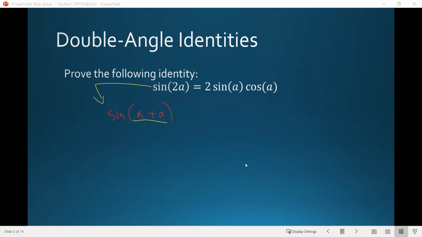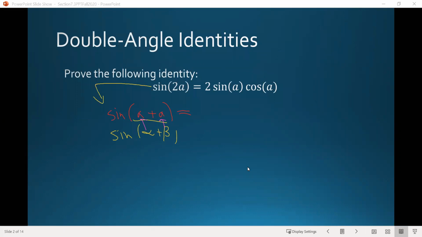Okay, so we have sine of a plus a, which hopefully now makes you think of an identity from the last section, which was sine of alpha plus beta. It's one of our sum identities. And so in this case, a would be alpha, but a would also be beta. And so let's follow what that identity tells us.